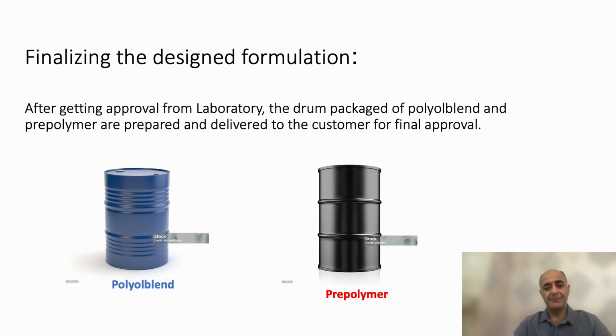We assume that this system, the polyol blend and prepolymer system, has passed all three steps successfully. First in the lab as a reaction profile test, then in the sample mold, also in the lab, and finally passed the machine trial, which is the most important step, and it is a mimic of the customer trial.